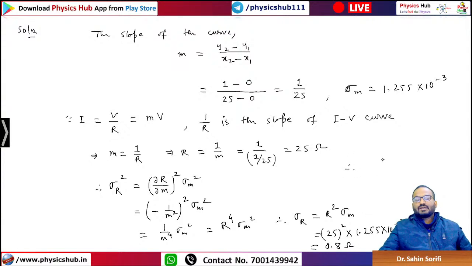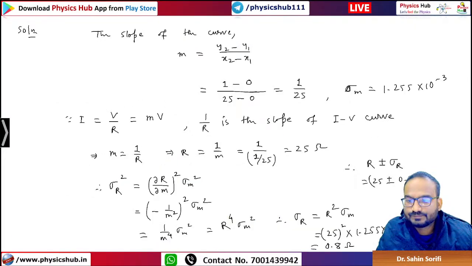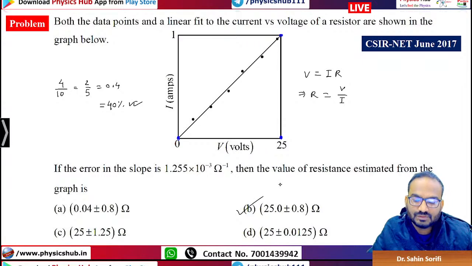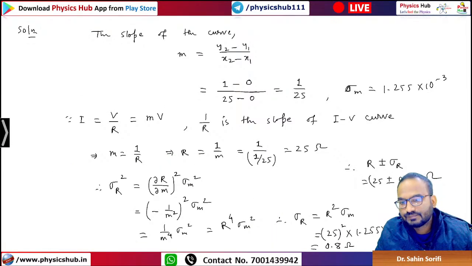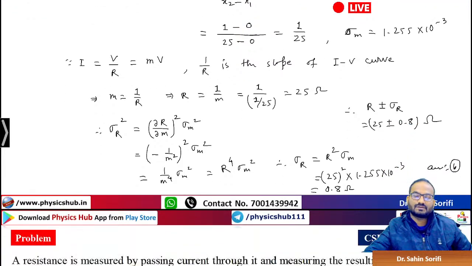So the resistance we can write as R plus minus sigma R, 25 plus minus 0.8 ohm. Option B is matching. Is it clear to everyone? Anyone has any question, you can ask.